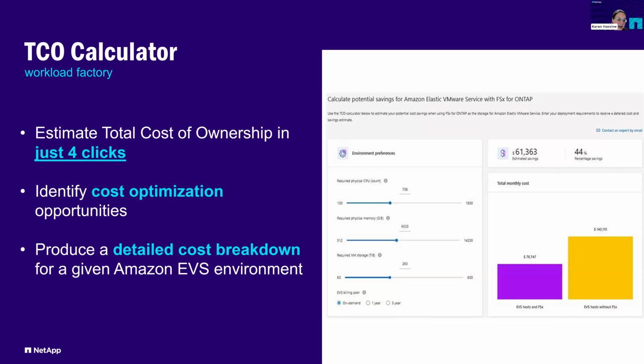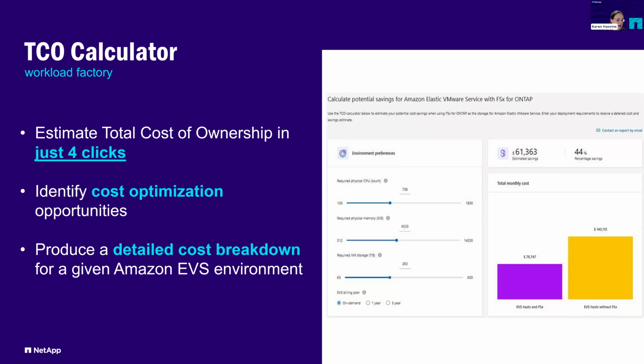So you can play with the numbers, see the cost breakdown, and see where the savings are coming from. Remember that FSx for ONTAP is an external storage for Amazon EVS, and as such, it allows the decoupling of compute from storage. And that's exactly where all those savings come from.